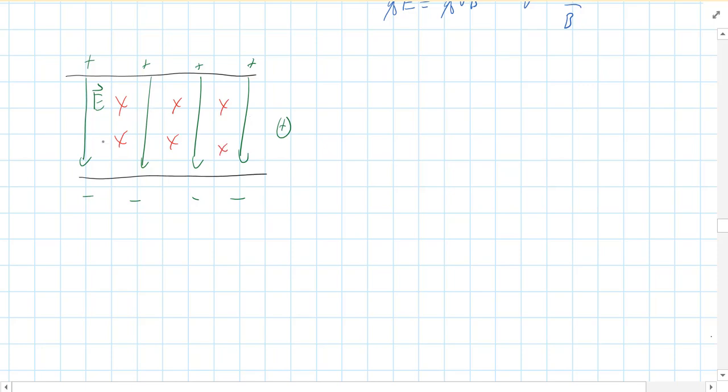I'll call that B1. Now we take those particles and have them go into a second magnetic field, pointing the other way, out of the page at us. We'll call that B2.